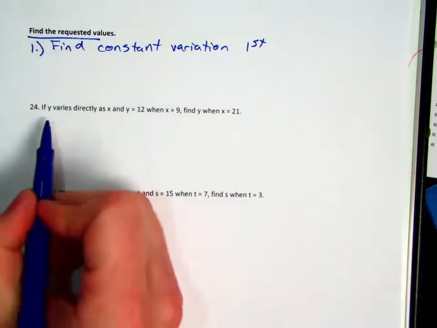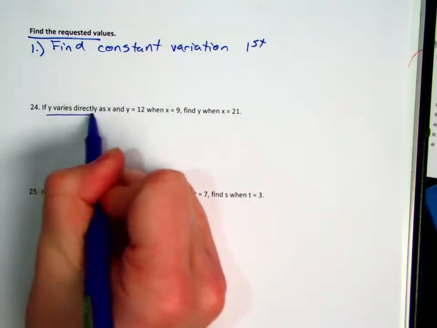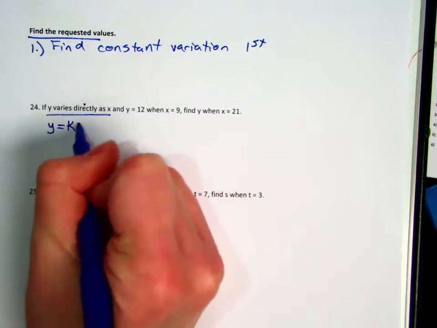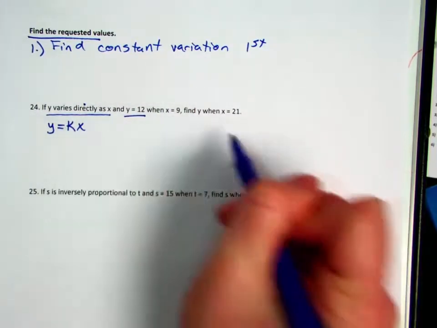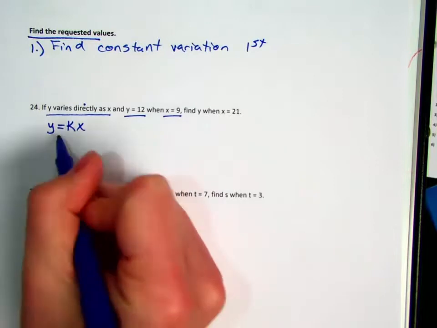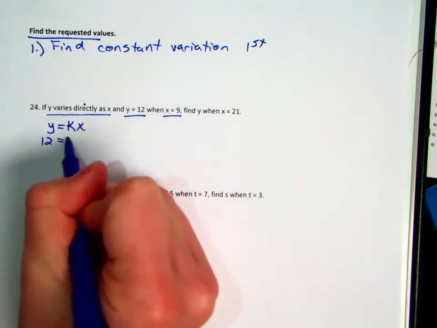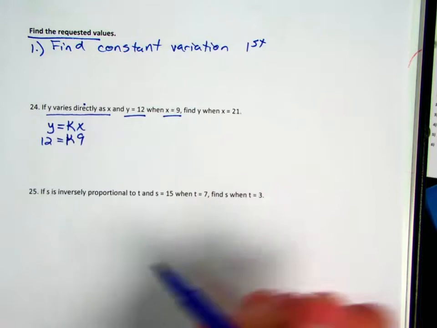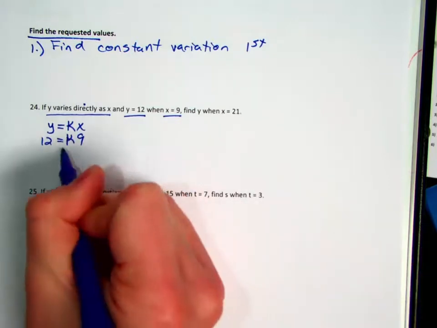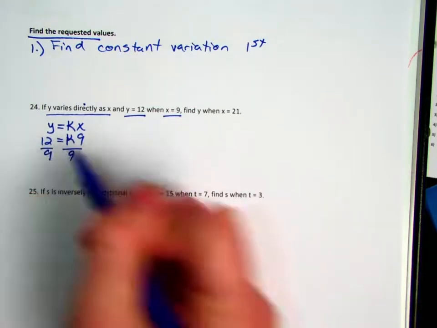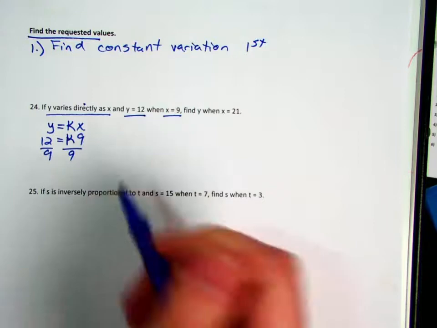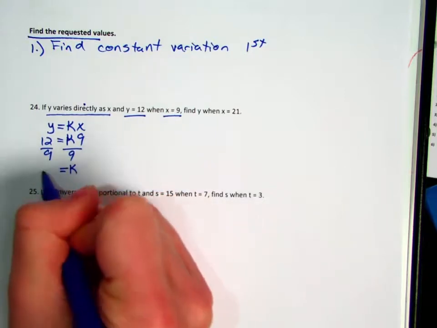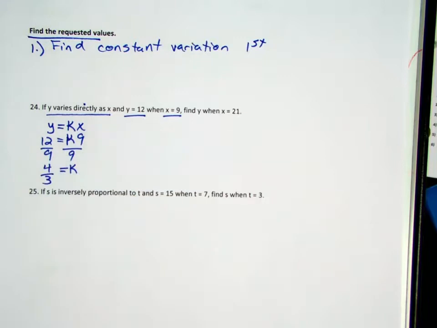So if y varies directly as x, again, directly means multiplication, so y equals k times x. They tell you that y is 12 and that x is 9, so I'm going to put 12 in for y and 9 in for x. Then I'm going to solve for k, so when I divide each side by 9, we end up with k equals, well, 12 over 9, but 12 over 9 reduces to 4/3.